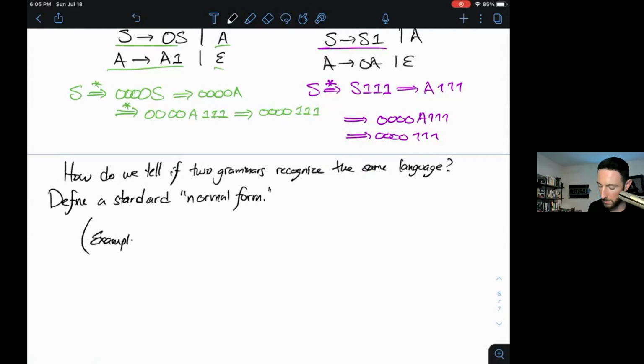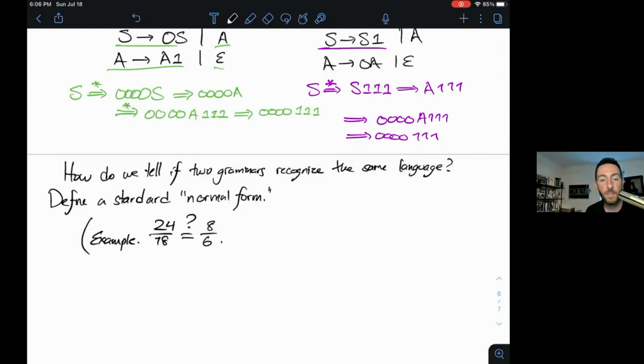So example, fractions, I think, is a good example. Suppose you want to know whether 24/18 is the same as 8/6. These fractions are not reduced, so it might not be obvious. It's a little bit hard to tell.